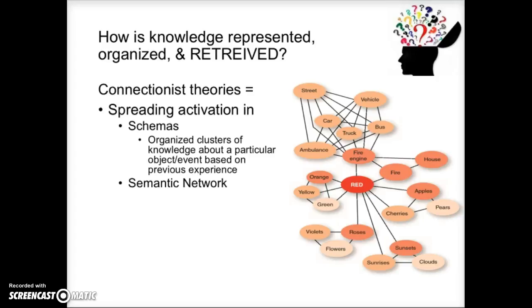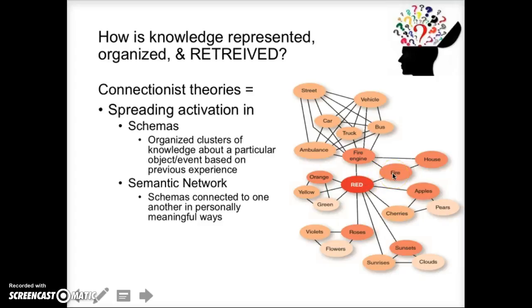Now, every schema is going to be embedded in a semantic network. So schemas are connected to one another. The color red here is directly connected to its schema. Those are the things that red is directly connected to.